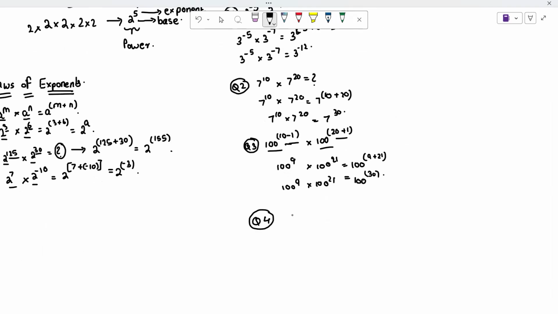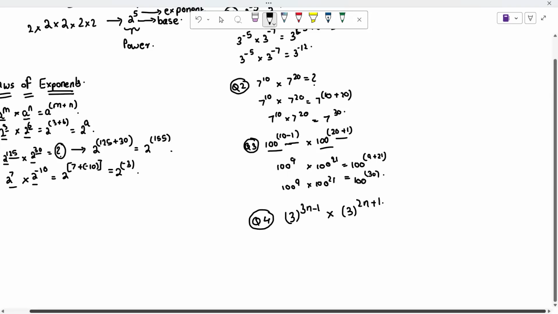Okay, so the question is saying 3 power 3n minus 1 into 3 power 2n plus 1. Okay, and they have given n value is equal to 4.